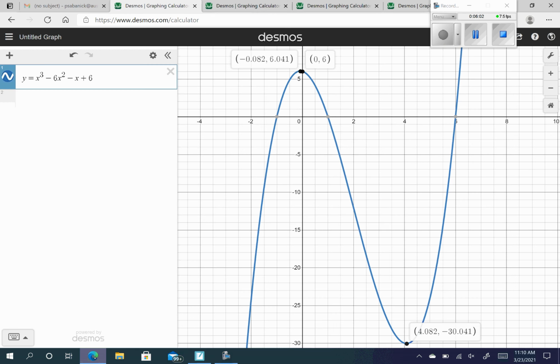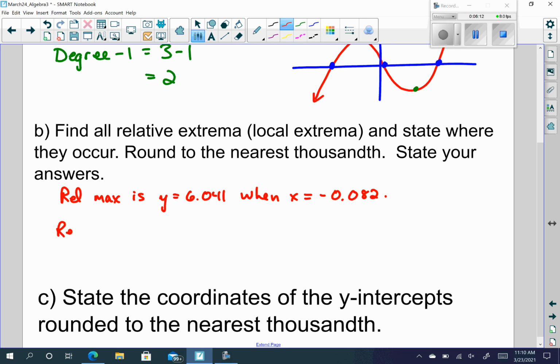And then if we go over to our min, we're going to say our relative min is negative 30.041 when x is 4.082. But these are the statements, so it's not hard to remember. Desmos is doing all the work for you.